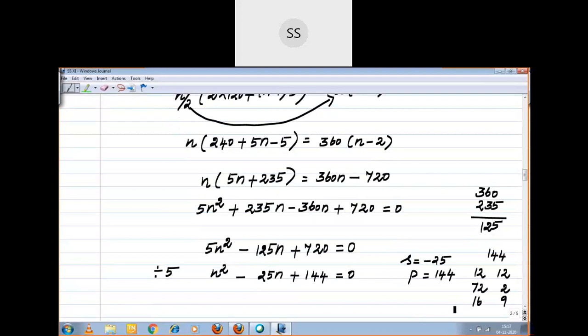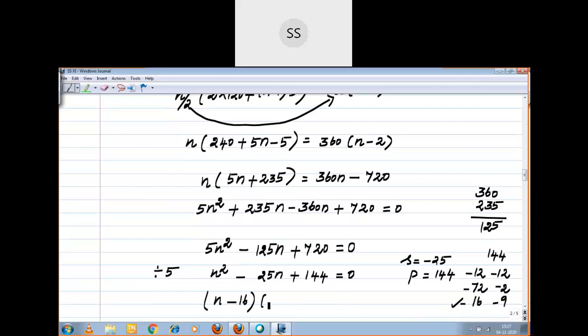So, which is apt here? Based on the sum, you have to select your possibility, I said. One more condition I said, if sum is negative and product positive, both the possibilities are negative. Which is apt here? The third one is apt. When you add, you will get minus 25. Based on your sum, your selection should be made, right?